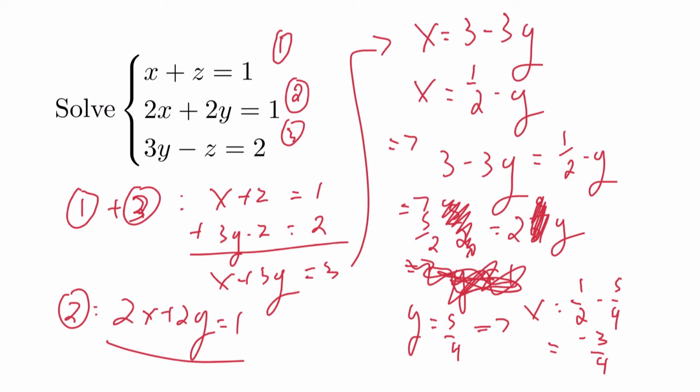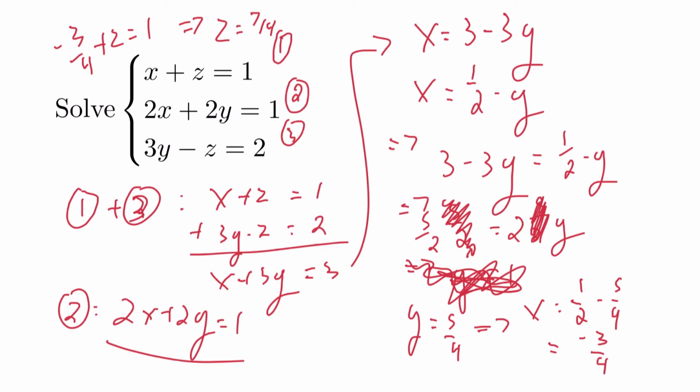So I know that negative 3/4 plus z equals 1. So that z is equal to 7/4. Okay, so I can check this, x plus z. So x is negative 3/4, z is 7/4, that's 1.